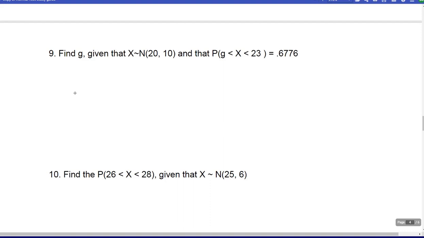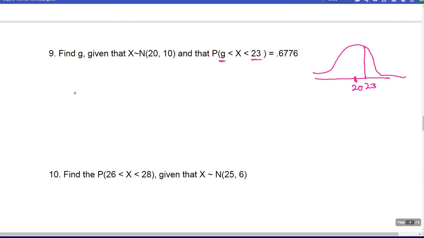So let's think about this. Here's my picture. There's the mean here in the middle. What's the mean? The mean is 20. Okay. So clearly 23 is above my mean. Don't you agree? That's one line. That's this number. Now, I don't know what G is, but I do know that 0.6776 is below it.